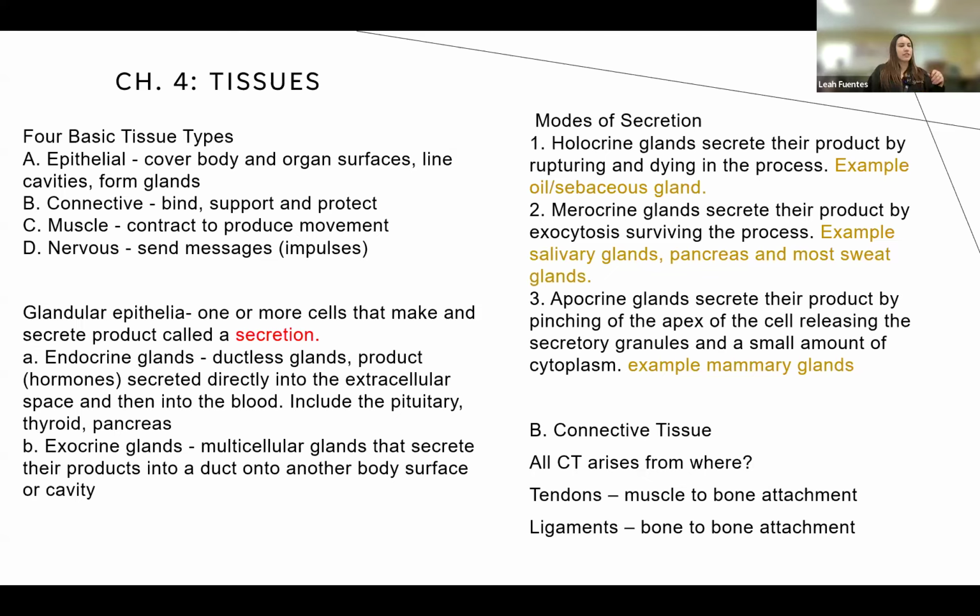Another thing to know: connective tissues have different levels of vascularity. Going back, epithelial tissue is avascular, and connective tissue varies in the amount of vascularity it has. Cartilage connective tissue is avascular.